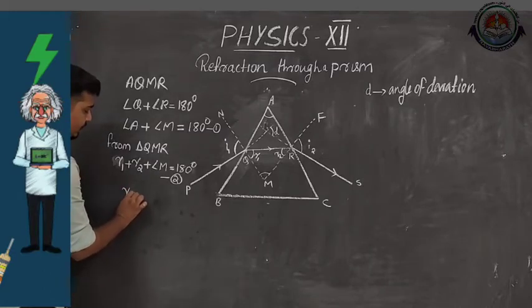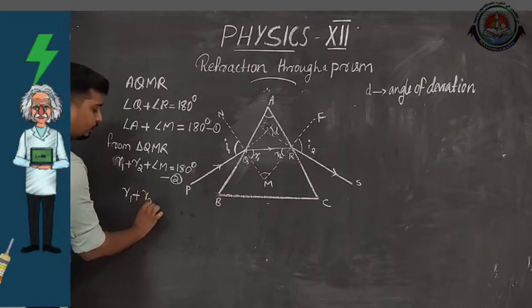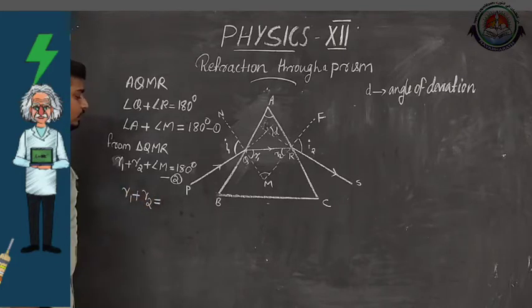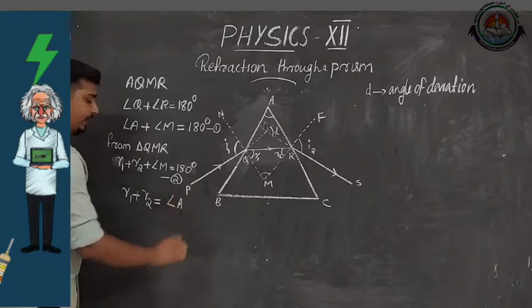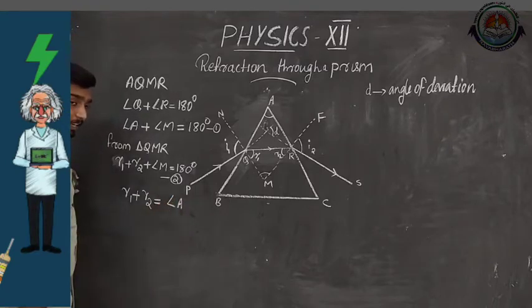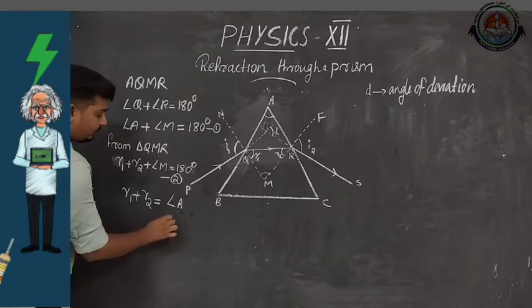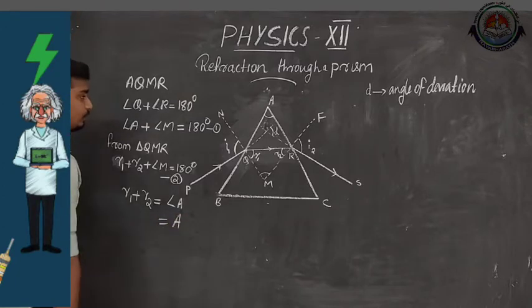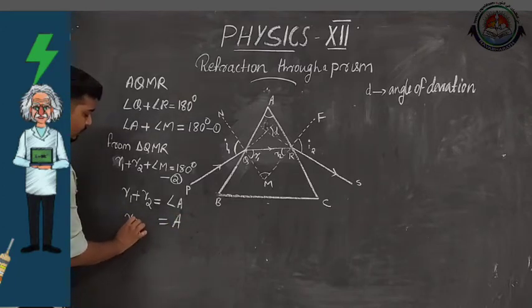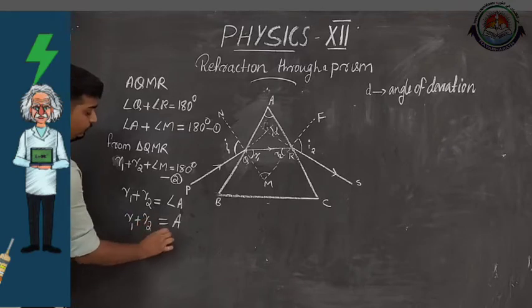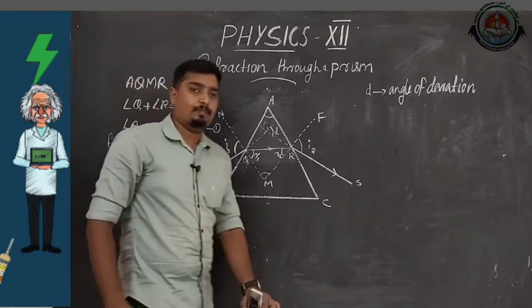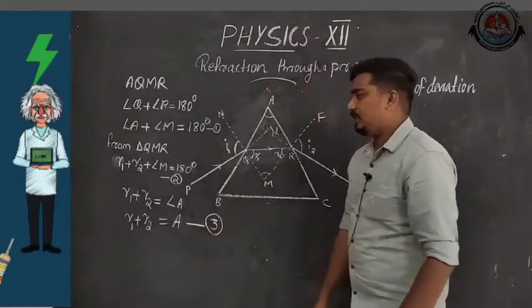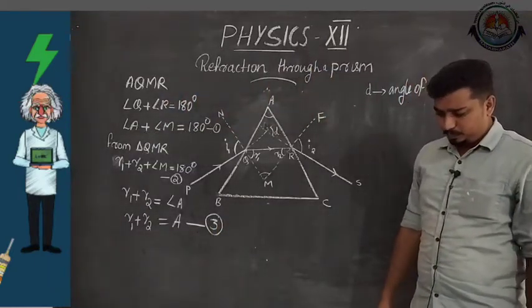From this we get R1 plus R2 equals angle A, sorry, angle A means angle of prism. That is R1 plus R2 equals A. Putting this as equation number 3.